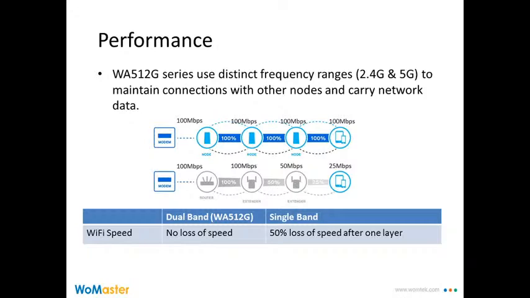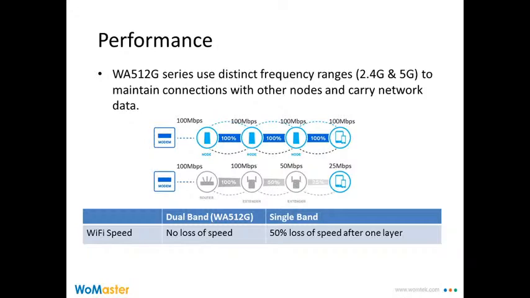However, the WA512G series supports dual band 2.4G plus 5G and the mesh network. It will coordinate and manage the performance by itself to avoid data loss. It will adjust to reach the maximum utilization of the network.